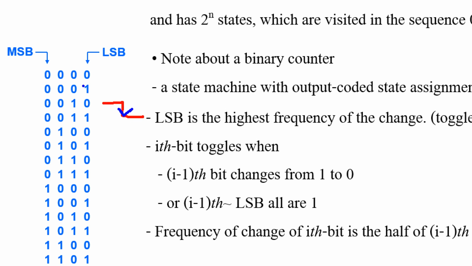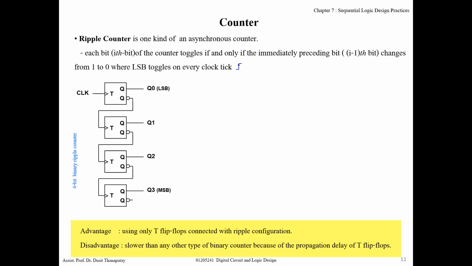If we use this one to tick the next one, we need a negative edge. But the flip-flop itself is active high, so you need to invert. Change high to low, change low to high, so you can change negative edge to positive edge. So we use this active low output to tick the clock of the next T flip-flop.